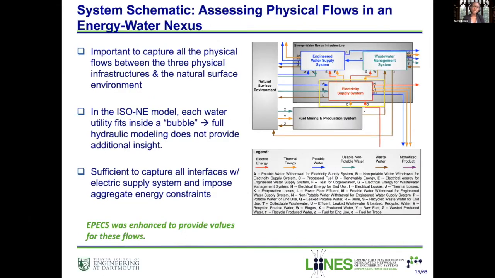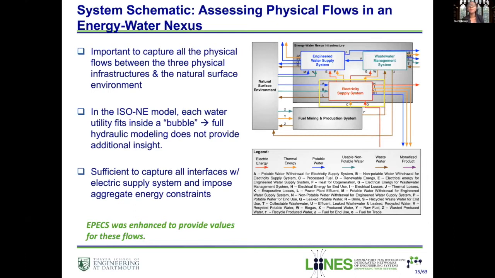In order to study the energy water nexus, it's important to be able to quantify the flows of matter and energy between the three physical infrastructures: the electricity and water, as well as the natural surface environment.